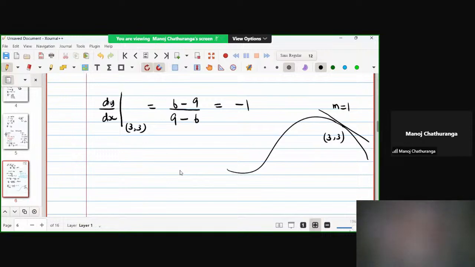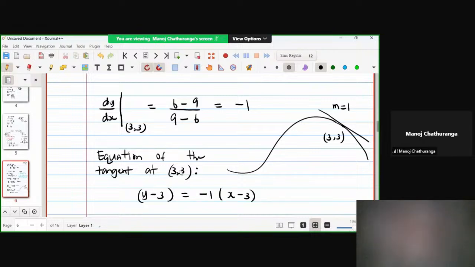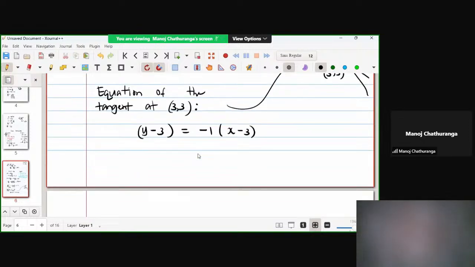So for the equation of the tangent line, let's use the point-slope form because we know the point and the slope. y minus 3 equals m times x minus 3. y minus 3 equals negative x plus 3.